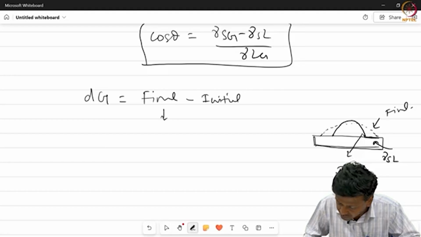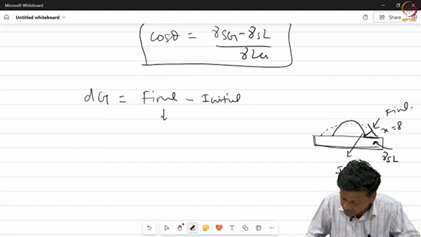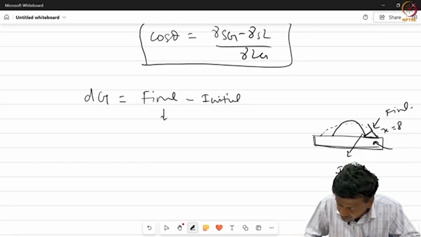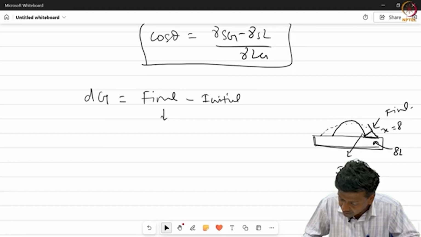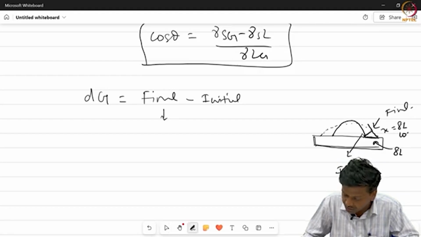If you want to understand this increase in area, one can calculate it using a geometric relation. If I say this length, the change in length, is delta L, then the increase in area due to the spreading of the droplet is delta L cos theta.